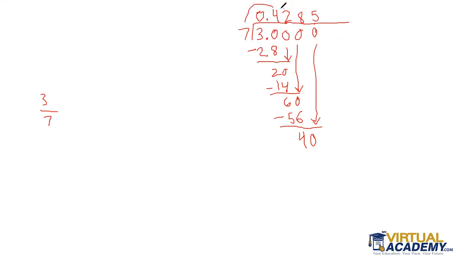Sorry, we're multiplying these numbers by 7 here, right? 5 times 7 is 35. Subtract to get 5. You have to bring down this 0 here.